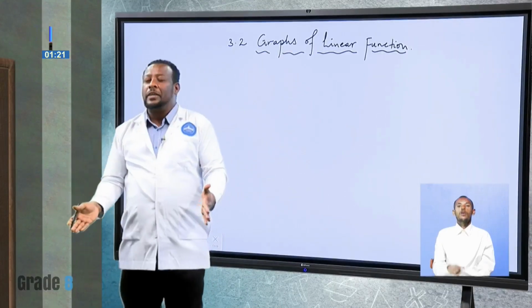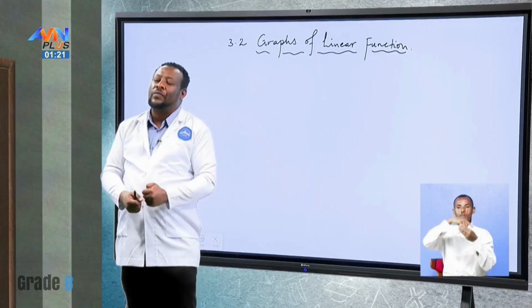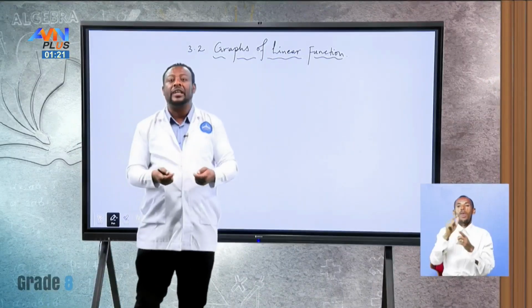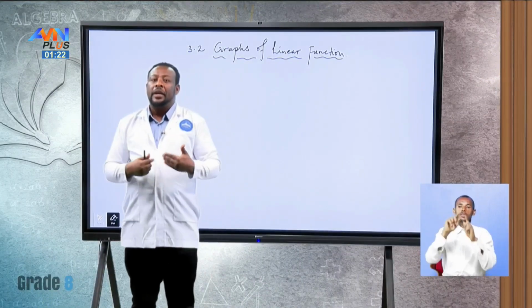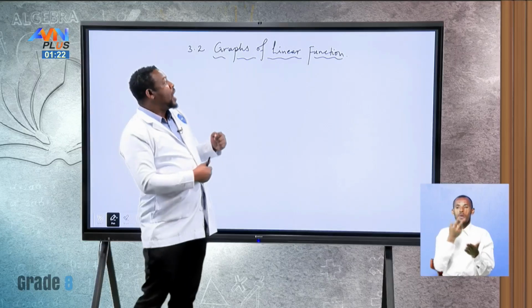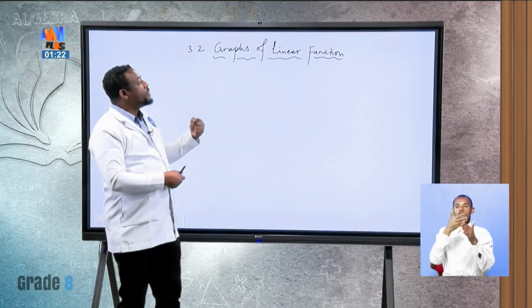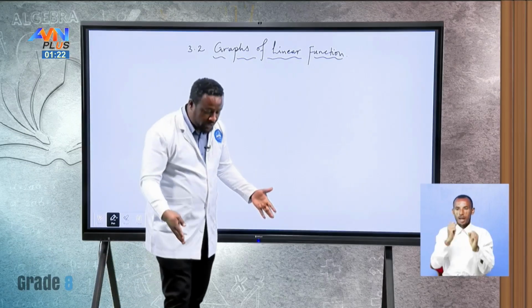You have learned about solving graphs of a linear equation in your previous grade level. Here, we will see how the graph of a linear function can be sketched, okay?